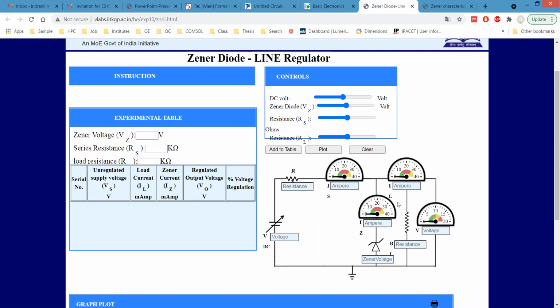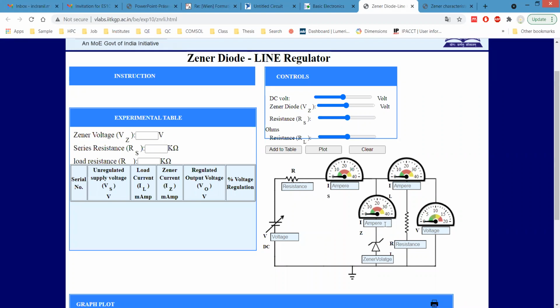For line regulation, we need this circuit, where we have three ammeters and one voltmeter. This ammeter measures the current through it, and because we are changing the DC voltage, the current through this resistor will change, and depending on that, the voltage across this Zener diode also will change.